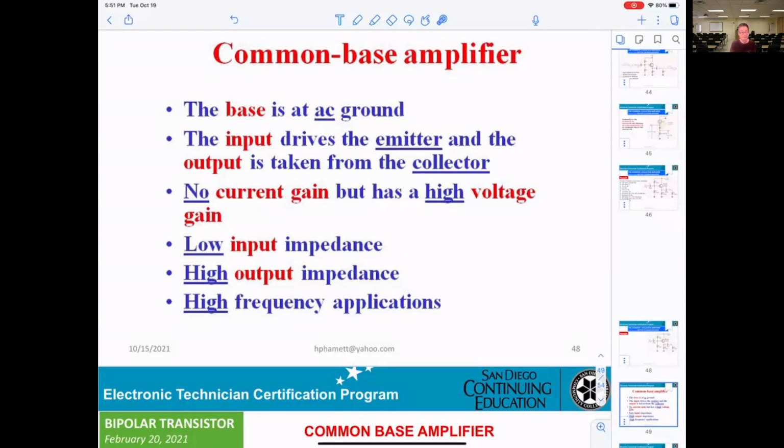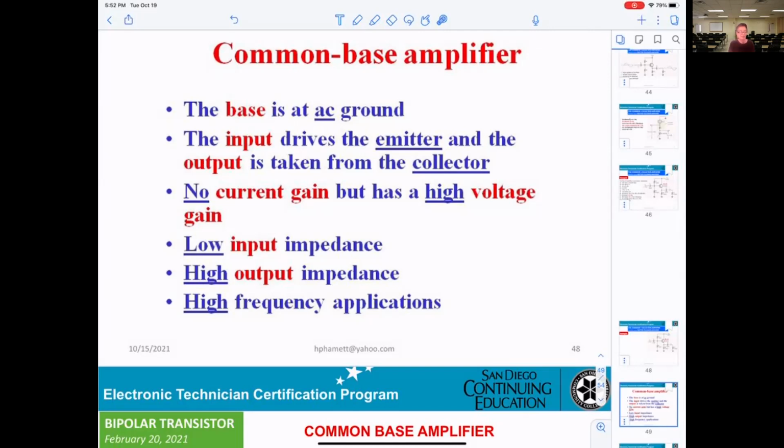So now you can compare the three amplifiers. Common collector has a high input impedance. Common base is the opposite, a low input impedance. However, the output impedance will be high. So basically, it depends on the condition.